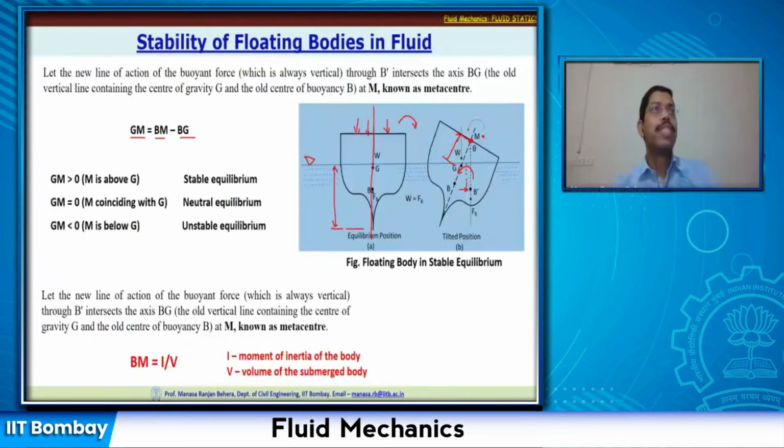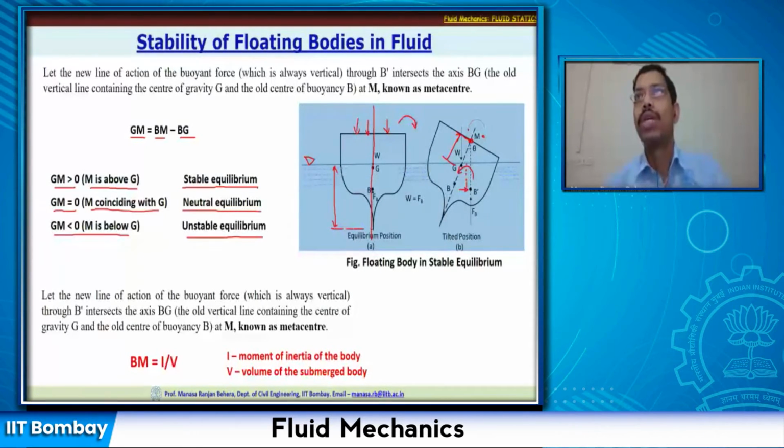So if Gm is greater than 0, that is positive, or M is above G, then the condition is going to be stable equilibrium in case of floating bodies. And if Gm is equal to 0, that is M coinciding with G, then the condition is going to be neutral equilibrium. And if Gm is negative, then it is going to lead to unstable equilibrium.